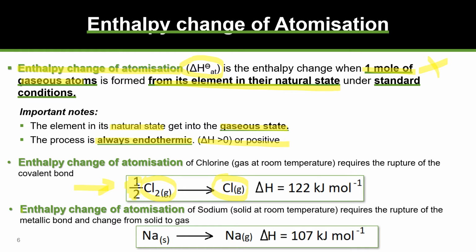In the case of the enthalpy change of atomization of sodium or any element that is solid at room temperature, we need to break the bonds of the solid in order to get down into a gas. And you can see that both values are endothermic, and they are going to form 1 mole of gaseous atoms all the time.